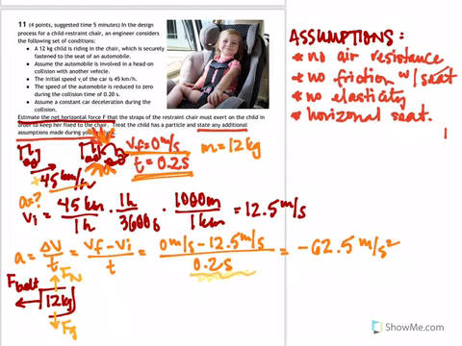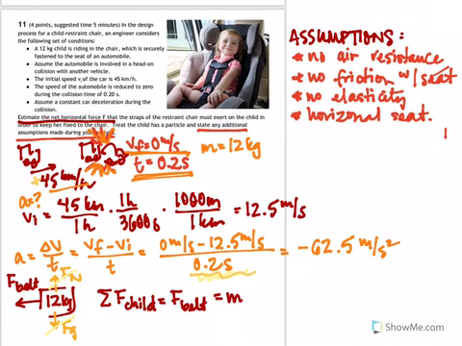So now when I come back down here, if I think about a horizontal seat where there's no friction and there's no elasticity, then these two forces cancel out, the normal force and the force due to gravity. We don't need to include those. We really have only one force. Our net force in this case that's acting on the child is the force of those safety belts that are holding her in her seat.